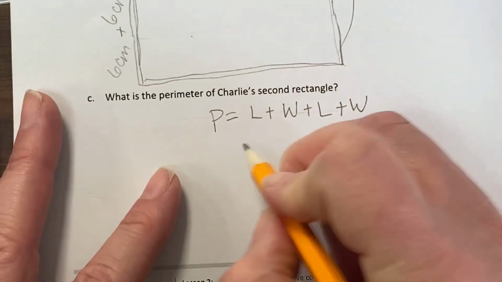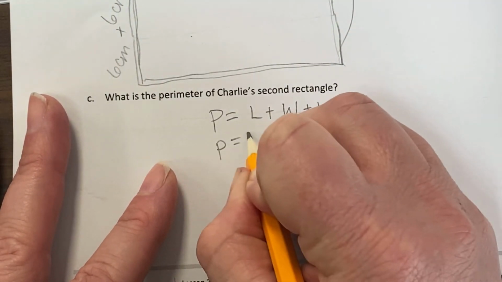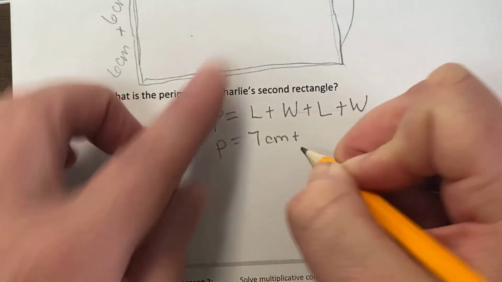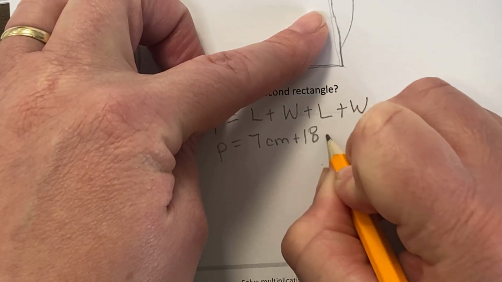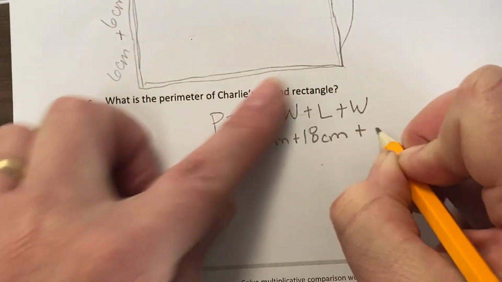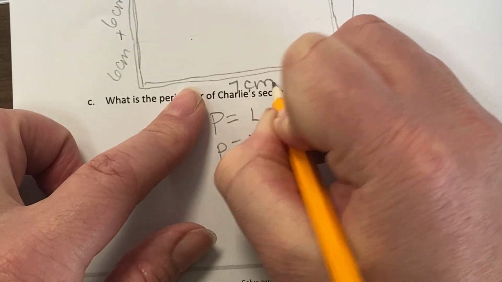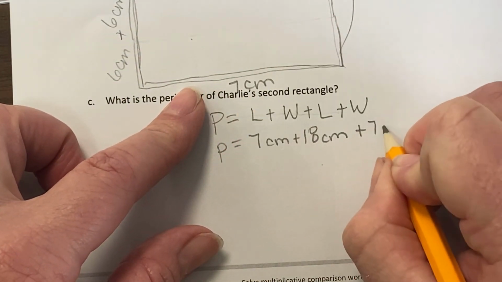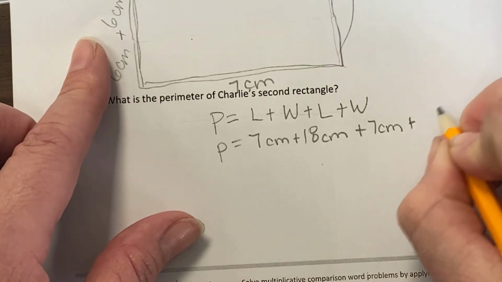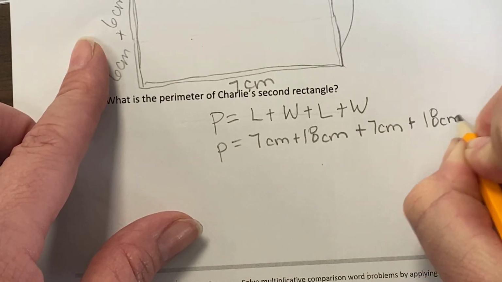So my perimeter equals 7 centimeters plus 18 centimeters plus 7 centimeters plus 18 centimeters.